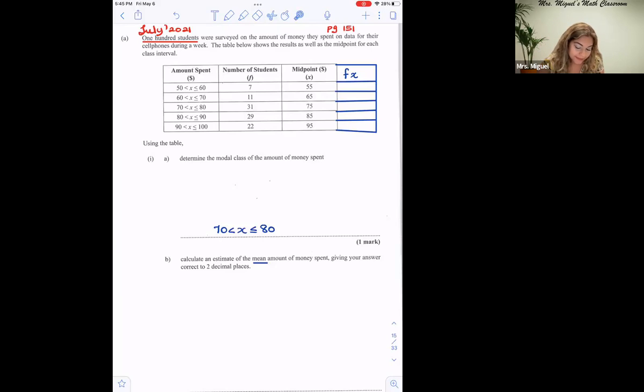So you're multiplying 7 by 55, etc. And I want the total of this column and the total of this column. Go ahead.